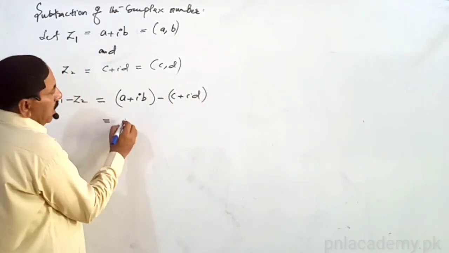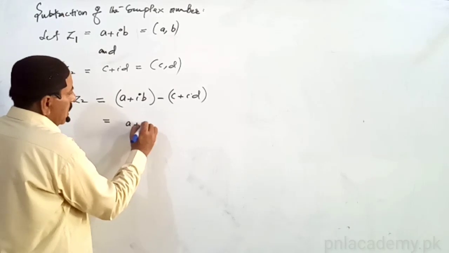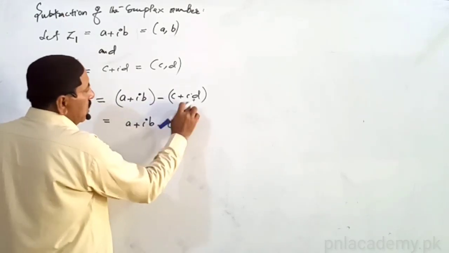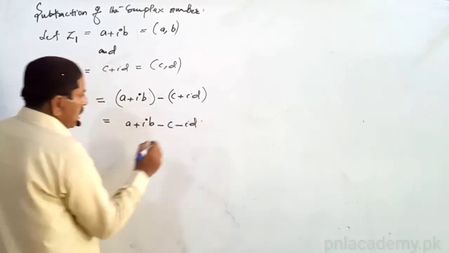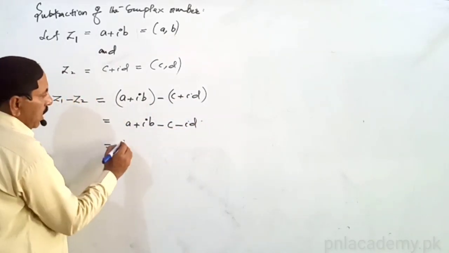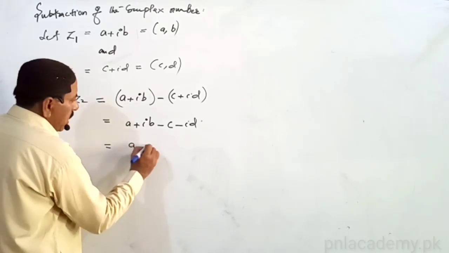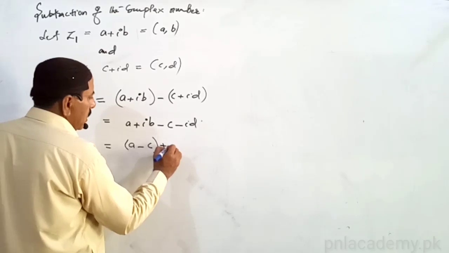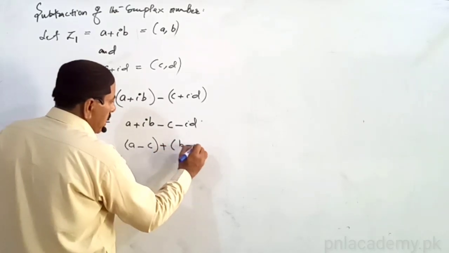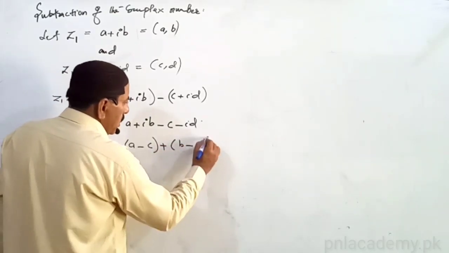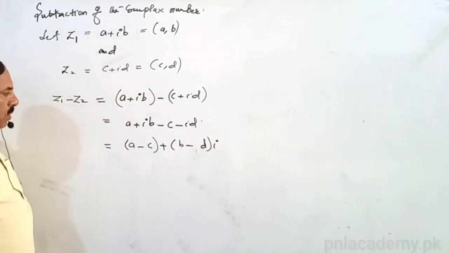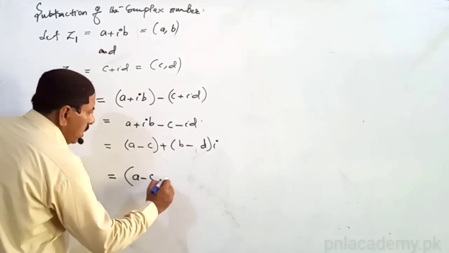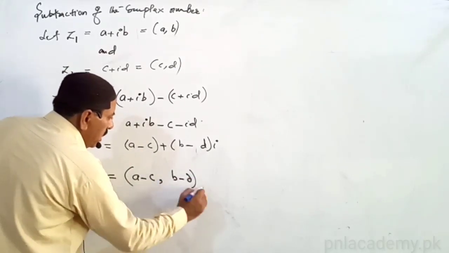So this will be a plus iota b plus minus c plus minus iota d. This will be (a minus c) plus (b minus d) iota. So this will be (a minus c, b minus d).